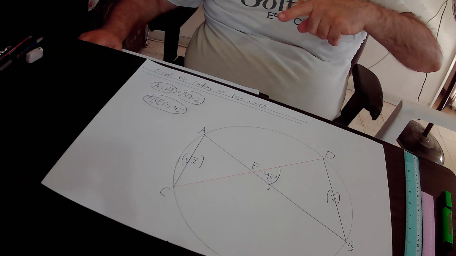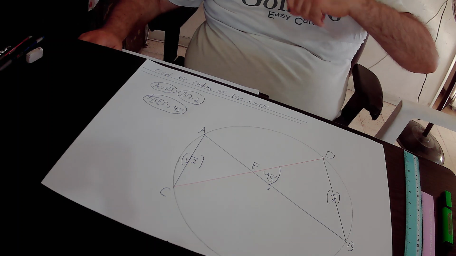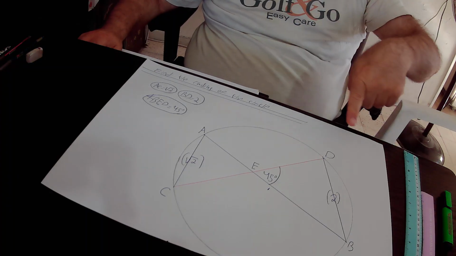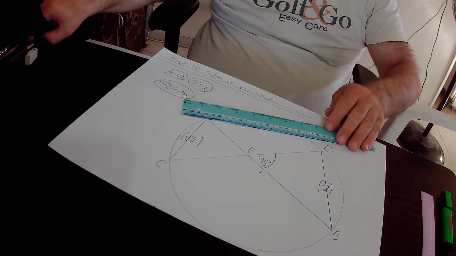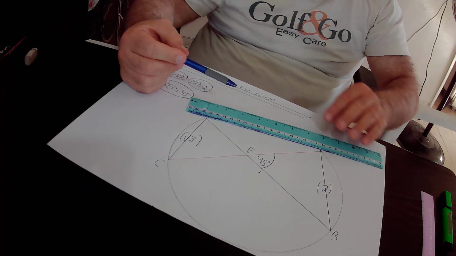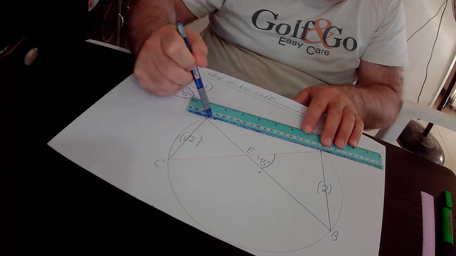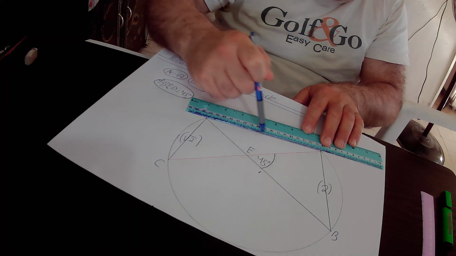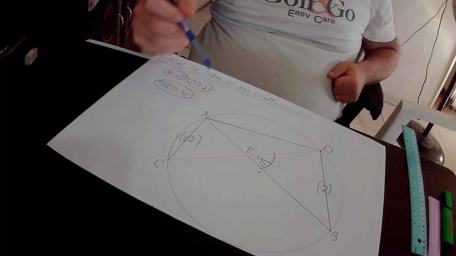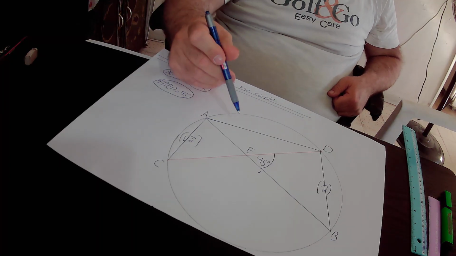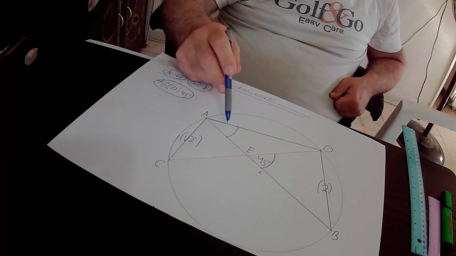So the first step, we will join points A and D together by a straight line. By joining points A and D, we create here peripheral angle BAD.